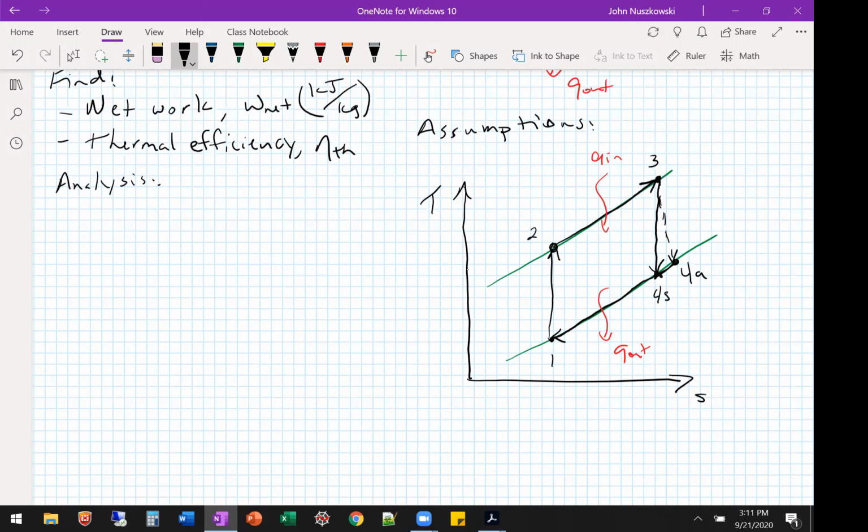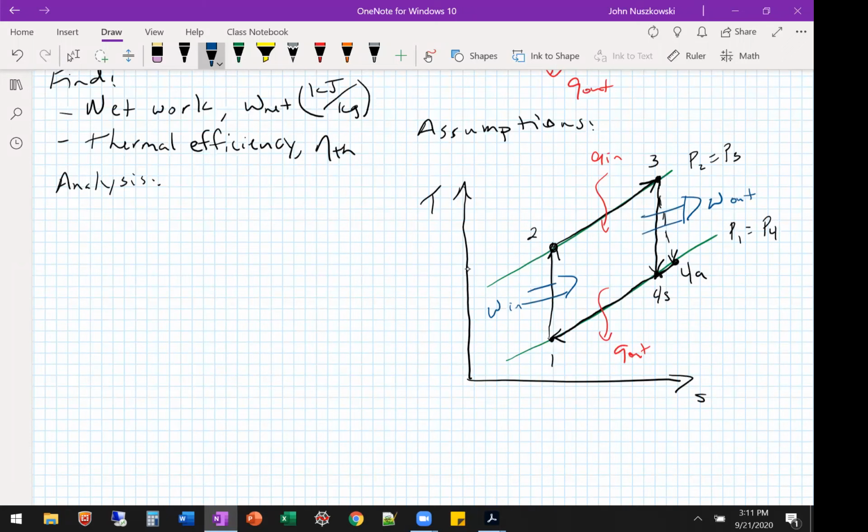So we have P2 equal to P3 here, and pressure 1 equal to pressure 4. There's also work here from the compressor, work out from the turbine, and the net work is the work out.